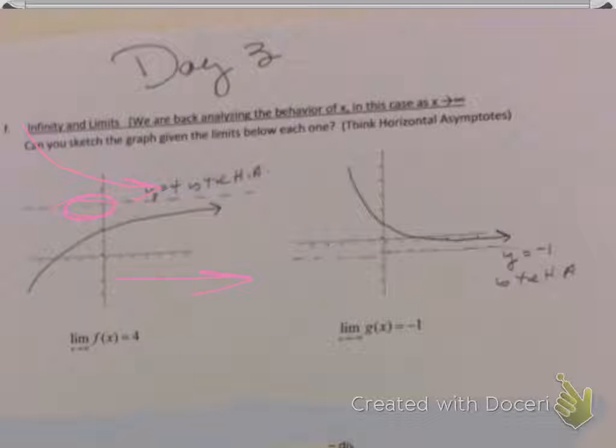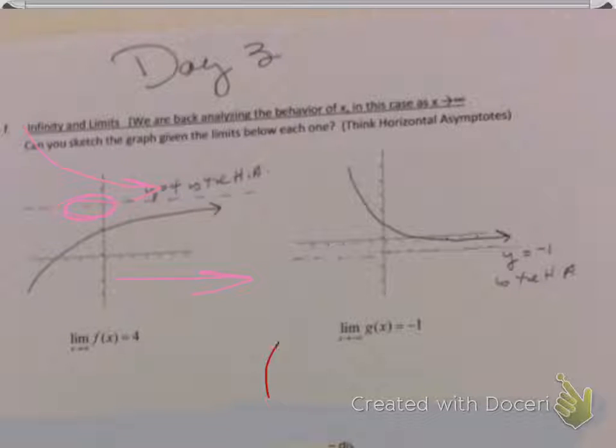So now look at the next one. It says the limit as x goes to infinity of g of x is -1. So all you have to do is make sure that your function, as x gets bigger and bigger, approximates y equals -1 as x goes to infinity. So let's see, what else could I have drawn here? Couldn't I have drawn something like this?